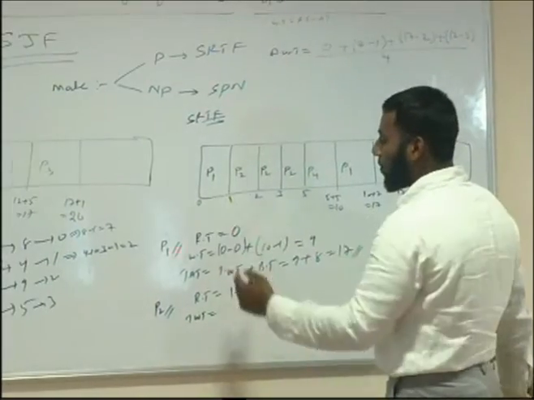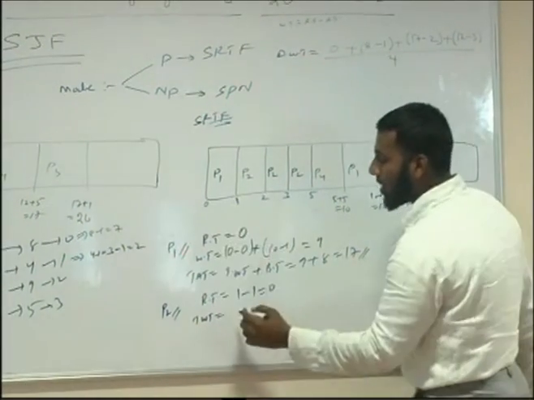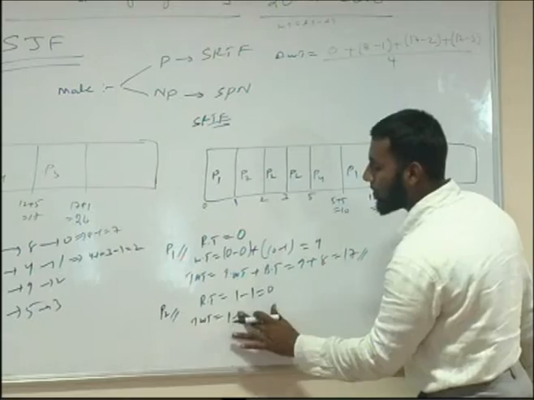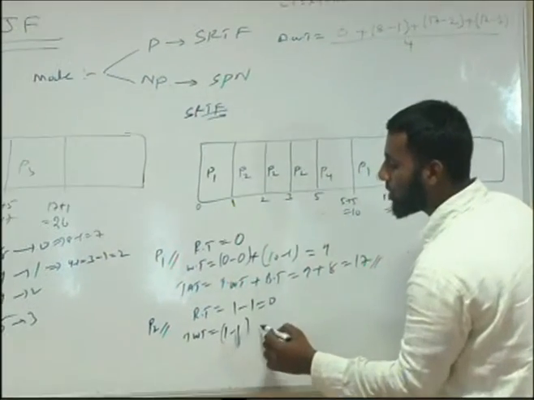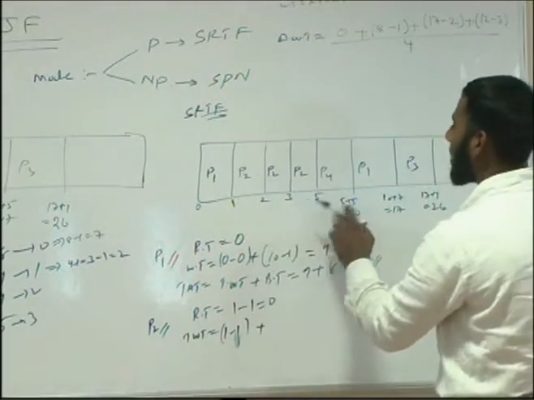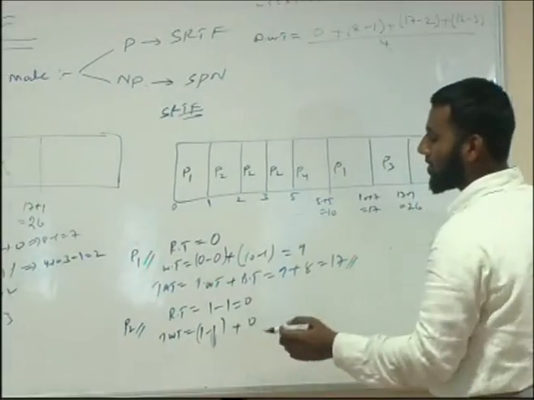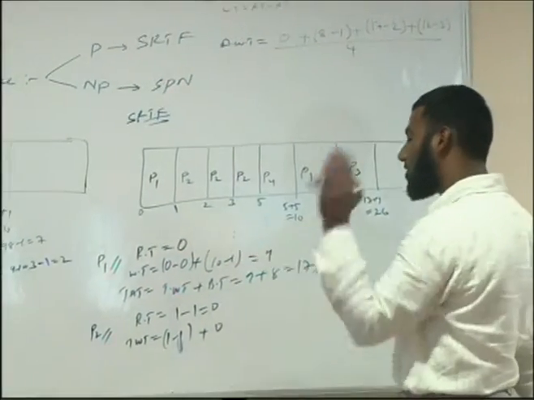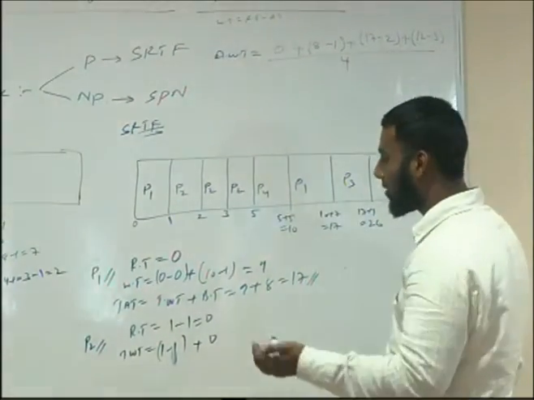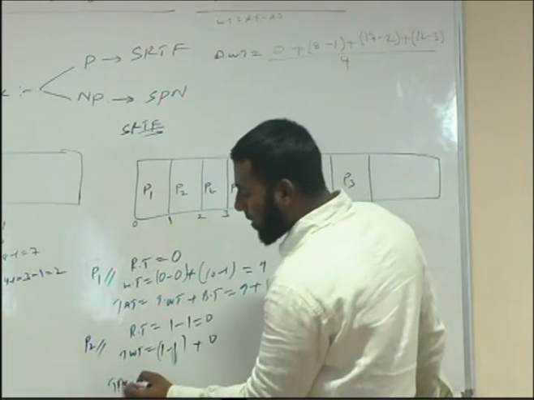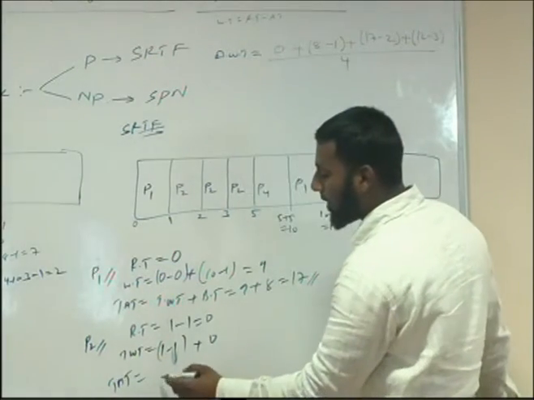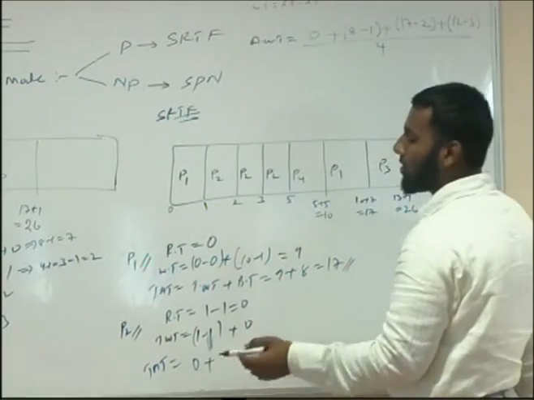Process P2 waited for 1 minus arrival time, which is 0. So total waiting time for process P2 is also 0. That's good. And turnaround time is waiting time 0 plus burst time.